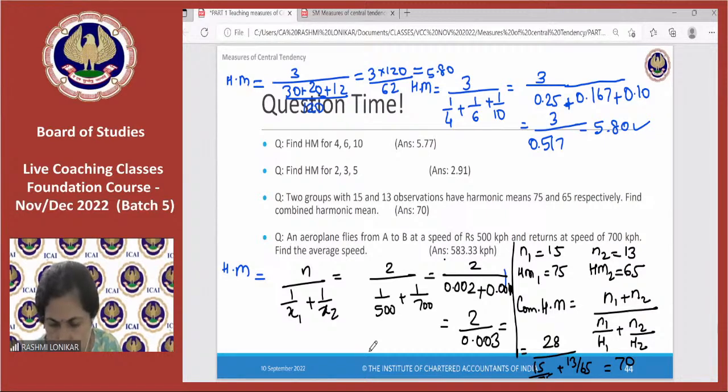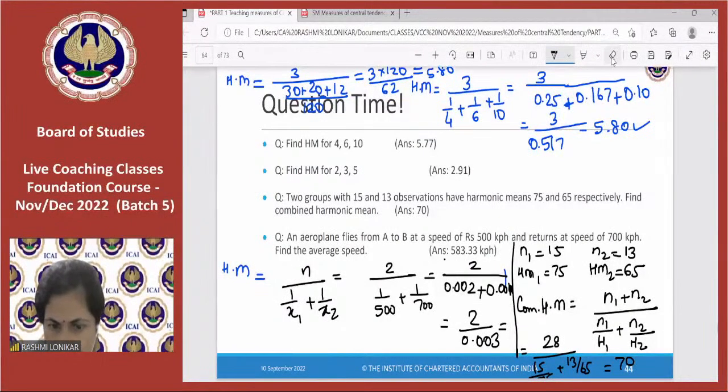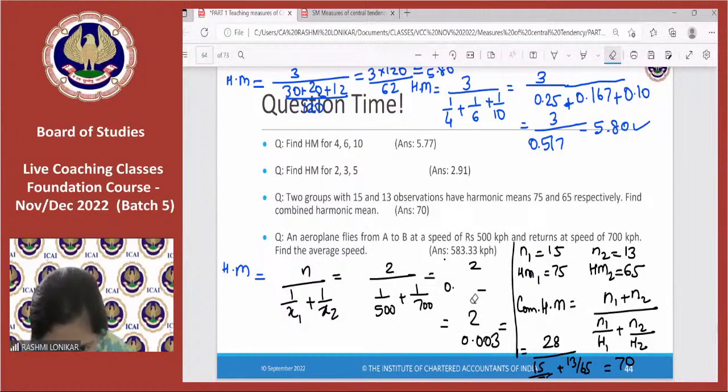Okay, not point. 1 divided by 500 is 0.002 plus 0.0013. 2 divided by this is... not able to write here.